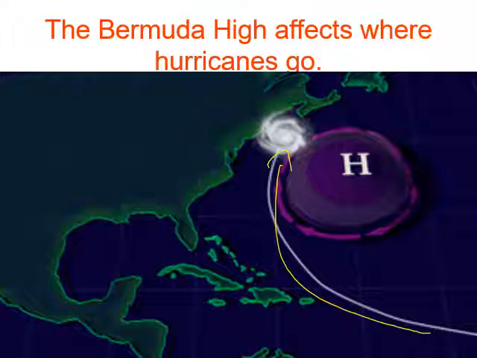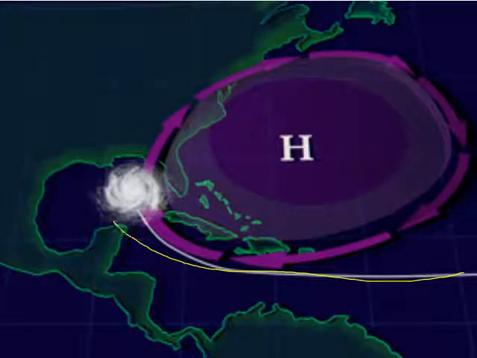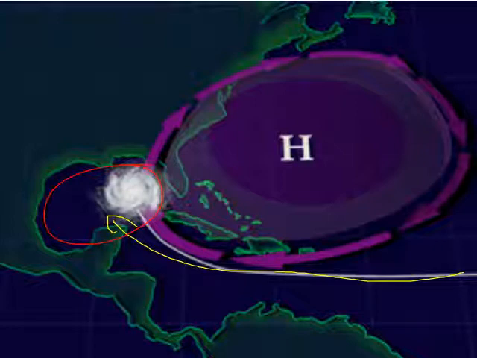But if this Bermuda High is a little bit bigger or a little bit further south and does something like this, where it pushes a hurricane into the Gulf of Mexico, that's bad news. Why are hurricanes in the Gulf of Mexico bad news? Two reasons. One, they get supercharged because they get a turbo boost from that extra hot water in there.